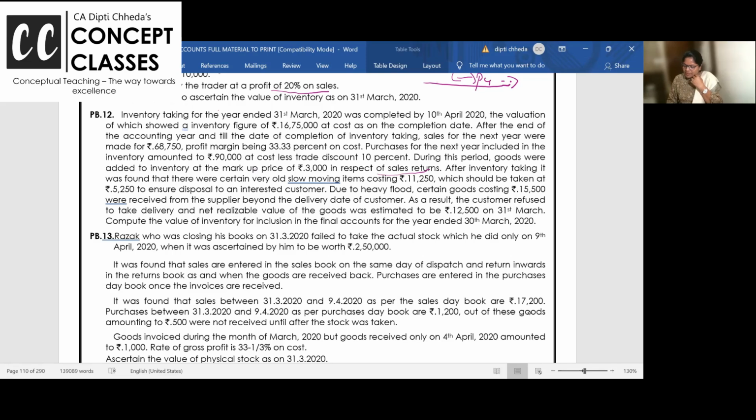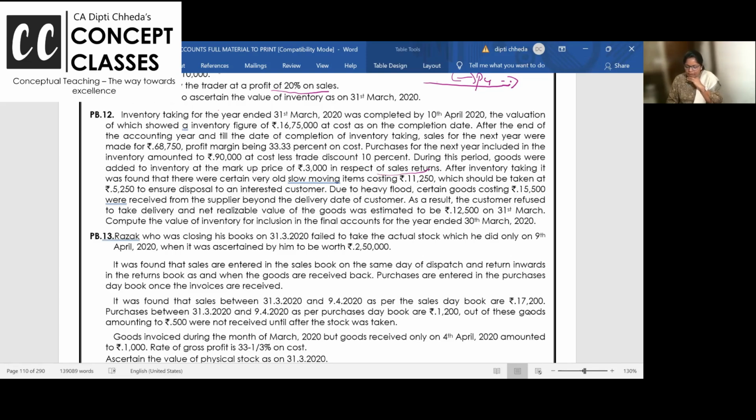Okay, so 15,500 goods were received and they were already there in the godown. So reduce that value also.